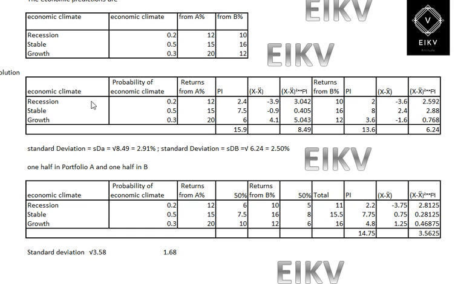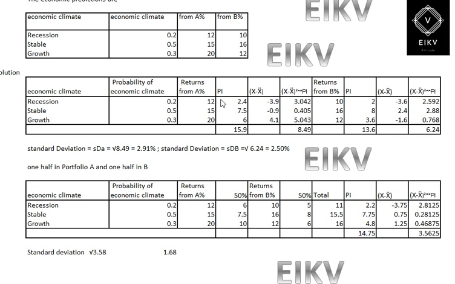So first of all we are going to compute the return and risk of security A and B. For that I have made a table with the column economic climate, which contains recession, stable and growth, and the probability of economic climate, 0.2, 0.5 and 0.3, and then the respective return. The return of A would be 12, 15 and 20.